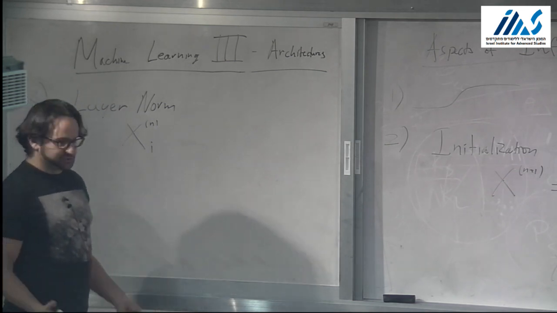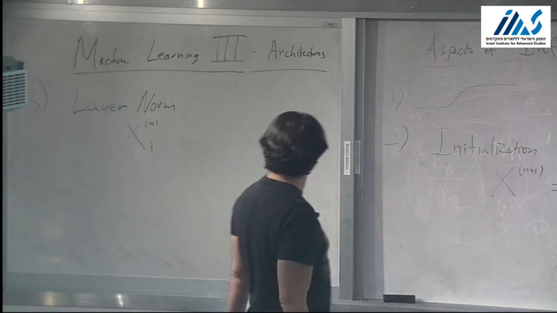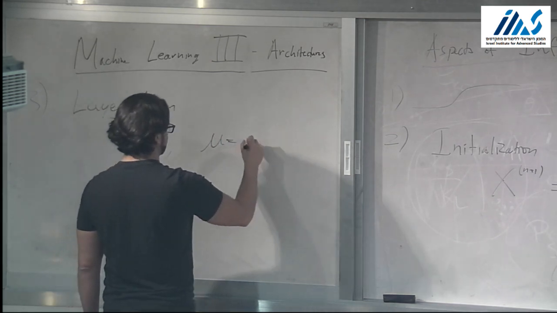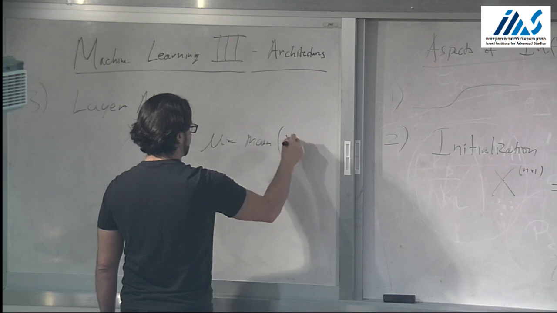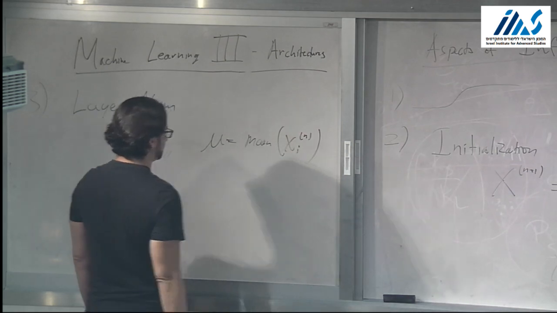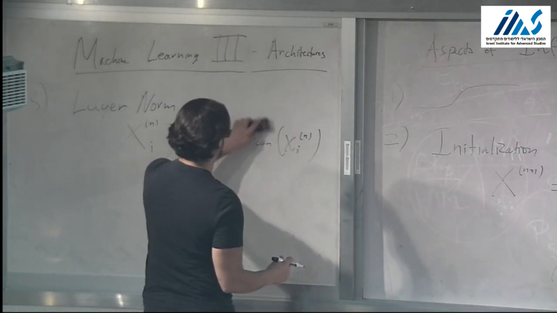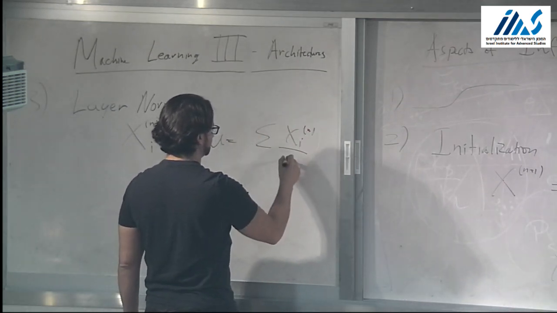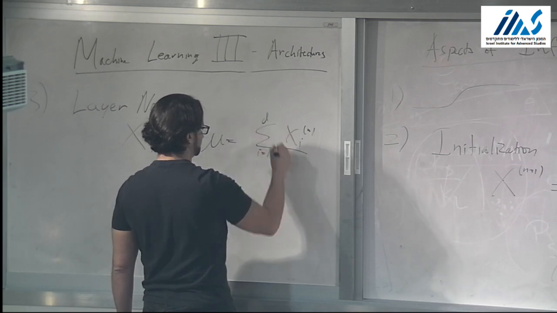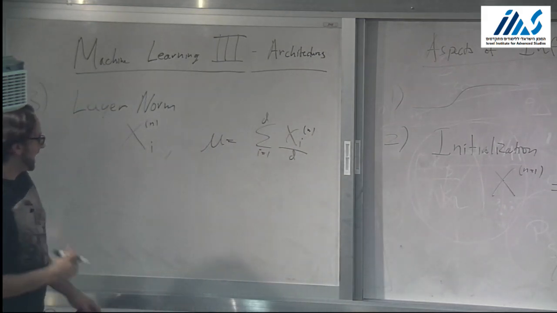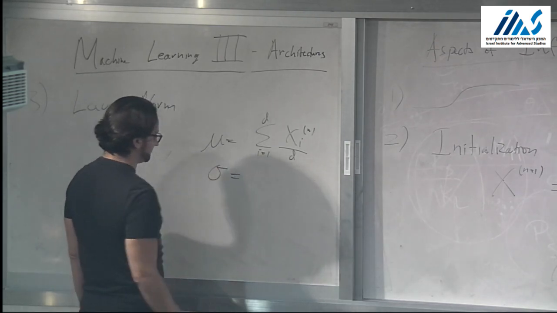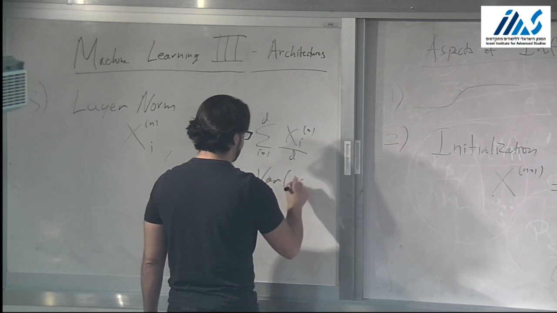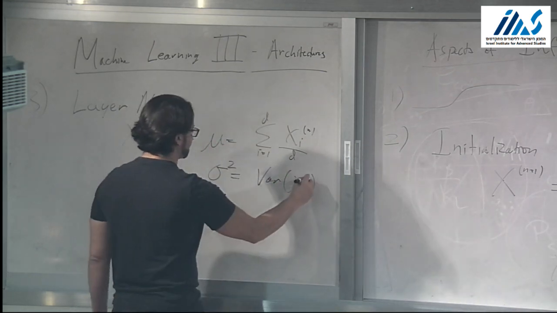If I want them to not be in some range, then I can compute mu, which is equal to the mean of the x_i. In other words, being explicit, the sum. And I can compute some variance, sigma squared, which is the variance of these x_i as well.